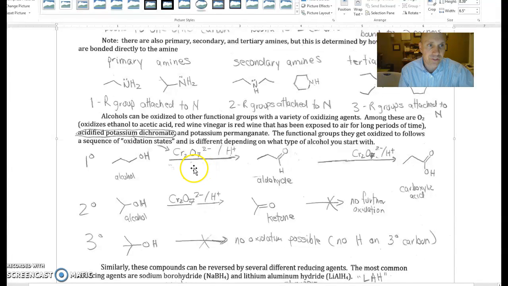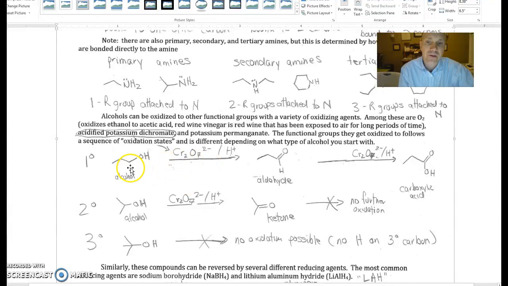Sodium hypochlorite, bleach, is a very common oxidizing agent, and potassium permanganate is very commonly used. As long as you memorize acidified potassium dichromate, which is drawn as Cr2O7 2-/H+, the H+ means there's some acid present, and this is the dichromate ion.